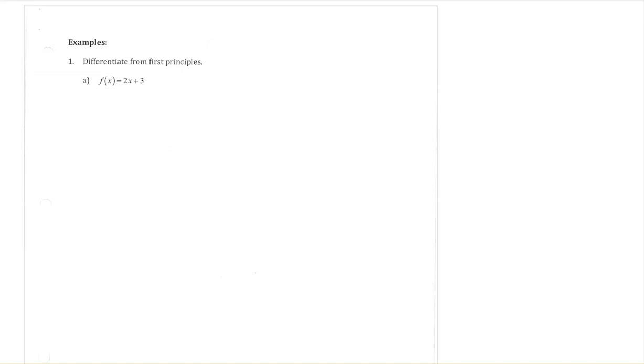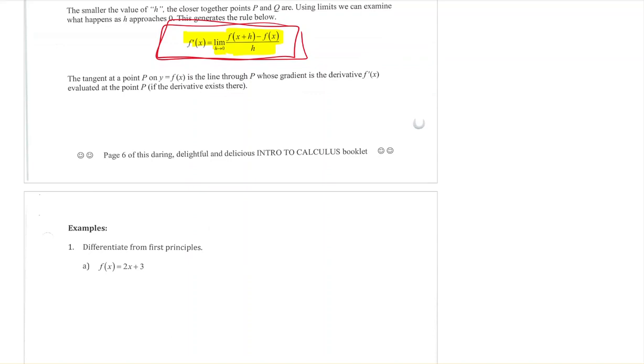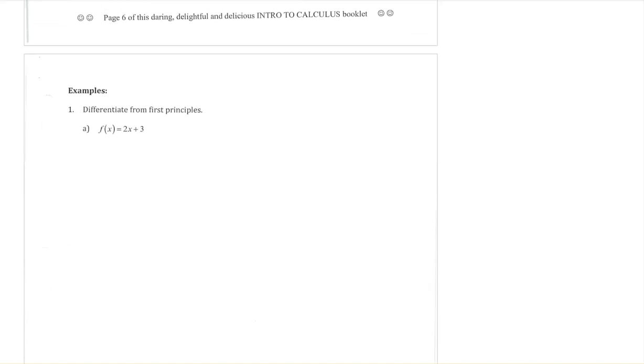Now, I prefer to work out, remember that formula back here, we need to know what f of x is. I already know that, given that in the question. But in the formula, I also need to know what this f of x plus h is. I like to work that out first before I try and sub stuff into my formula, okay? So I'm going to start with that part. What is f of x plus h? Now, we've done some functions before.